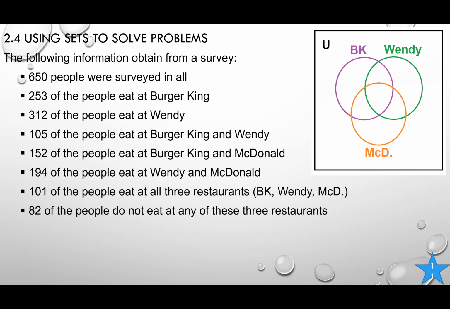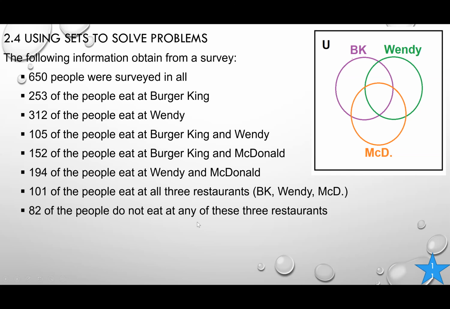If you look at this, they tell you 650 were in the survey. What does that mean? That is the total number of people I asked. Out of that 650, 253 like to eat at Burger King, 312 like to eat at Wendy's, 105 like to eat at Burger King and Wendy's, 152 like to eat at Burger King and McDonald's, 194 like to eat at Wendy's and McDonald's, 101 like to eat at all 3 restaurants, and 81 do not like to eat at any of the 3.